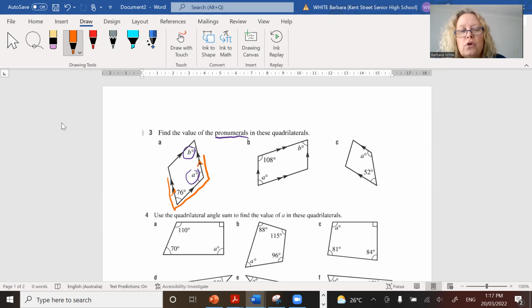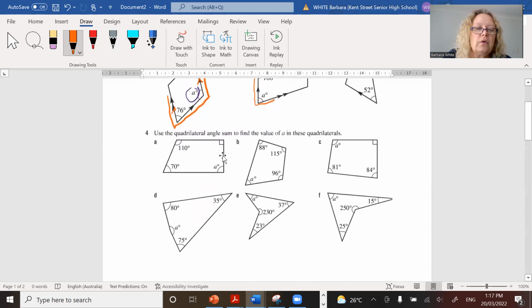So find out what goes with 76 to make 180, and you've found A. Then find out what goes with A to make 180, and you've found B. Same over here. These two angles that are co-interior add to 180. 3 is easy. Let's go to question 4.